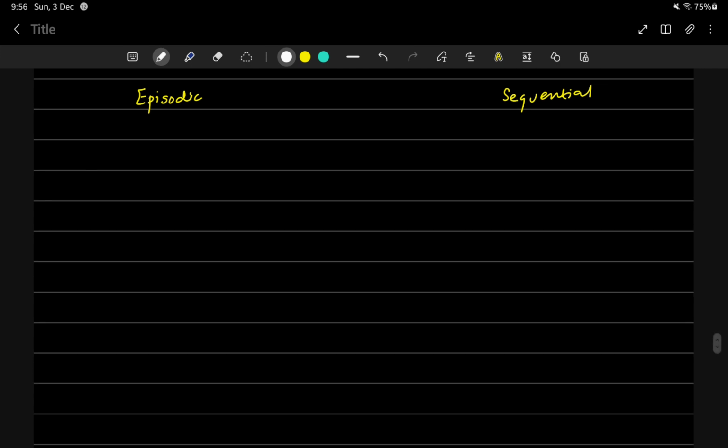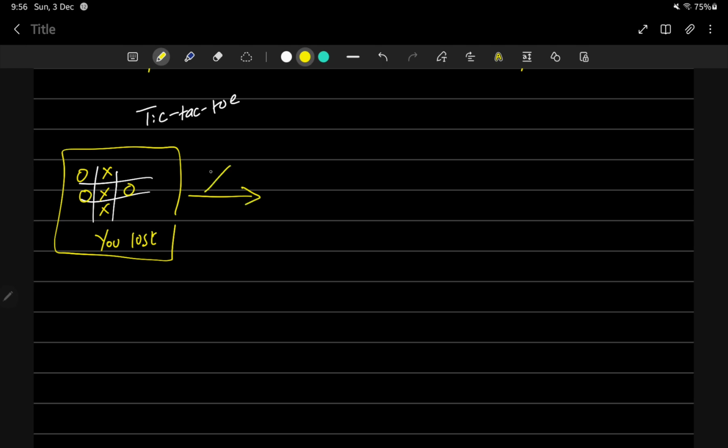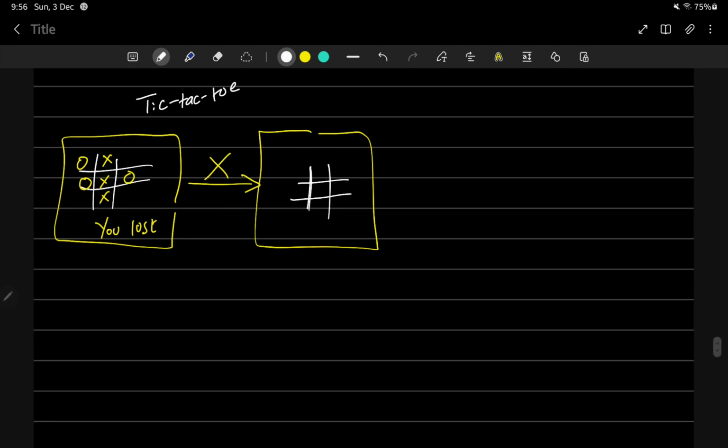Now, what exactly does that mean? Let's take an example. Let's say we are playing tic-tac-toe, right? Each game is a separate episode. So you played this game with your friend, and maybe you lost. Now this whole game will not affect the next game you and your friend will play, right? By the way, please do note that I'm talking about a completely new game.